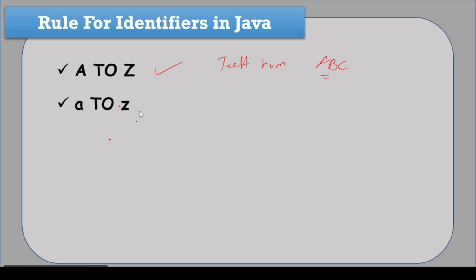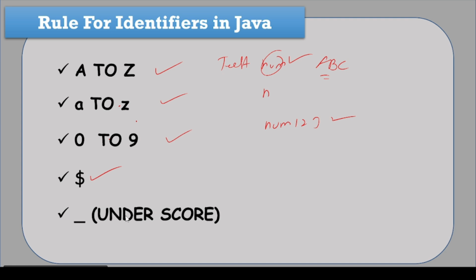Then the next rule, a to z in lower case like this one. Next rule, digits 0 to 9, like num123. This is also acceptable in Java. And the next rule we have is dollar. Dollar is also acceptable. And the last rule is underscore. This is also acceptable.